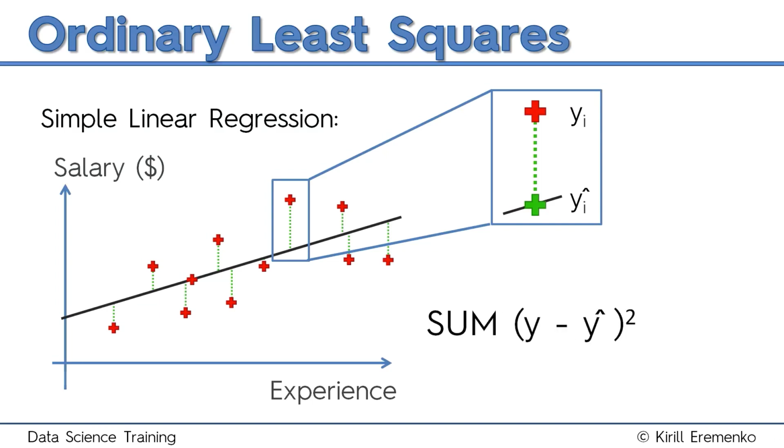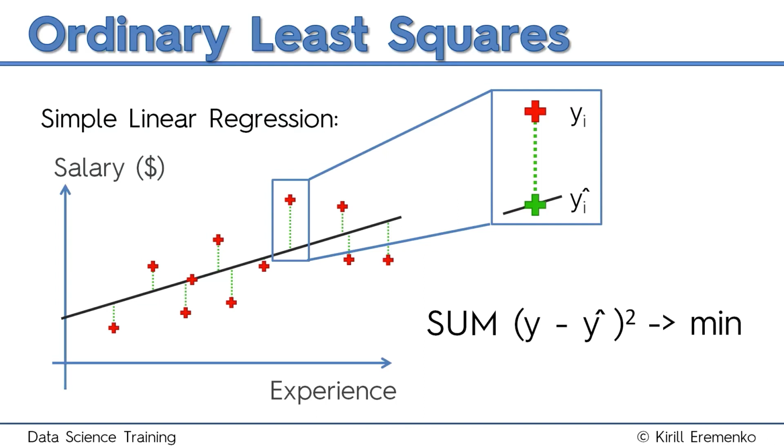Now, to get this best fitting line, you take each one of those green lines, or those distances, you square them, and then you take the sum of those squares. Once you have the sum of squares, you have to find the minimum.